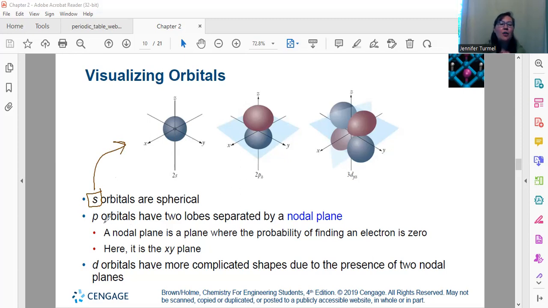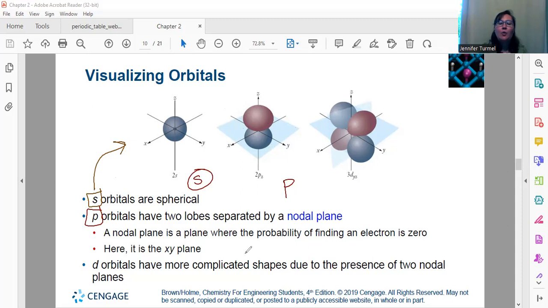Now notice that as we work our way up, we have our p orbitals right here. Here's our s orbital, here's our p orbitals, and it's almost like this one is doubled. I always think a little bit of biology: look, they're doubling. P orbitals have 2 lobes separated by a nodal plane.